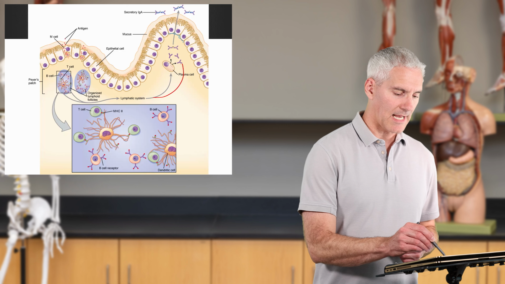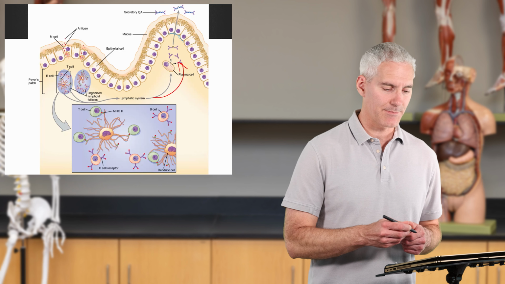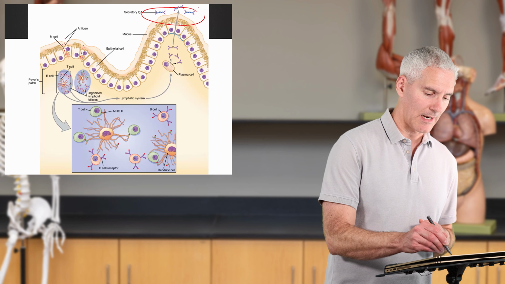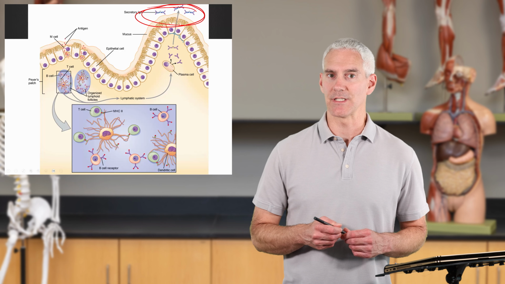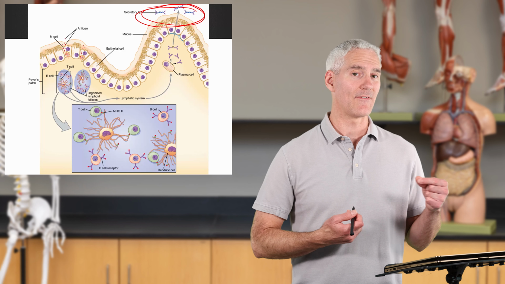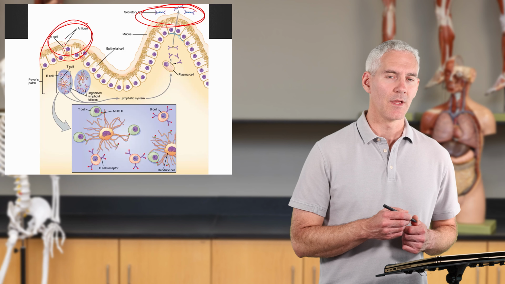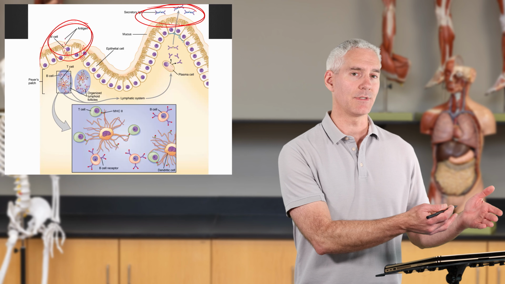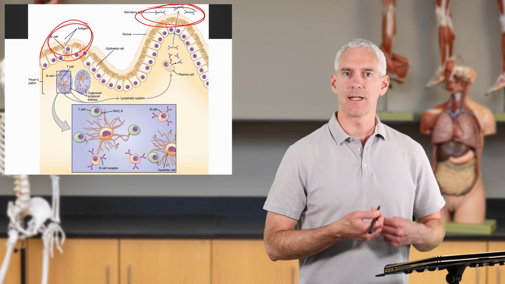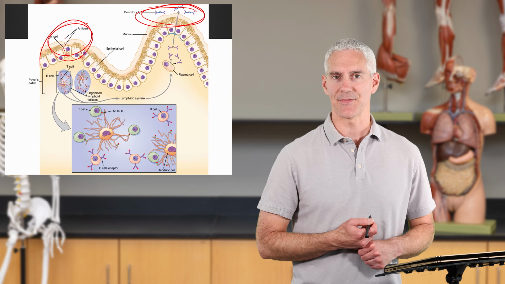If you notice, then go up to the plasma cell, it's making the antibodies, and then they're out here. IgA is out in the secretions, blocking entry of that antigen that was just found back over here. So you're seeing that you have it being found, processed, and then secreted to try to prevent further entry at that point.